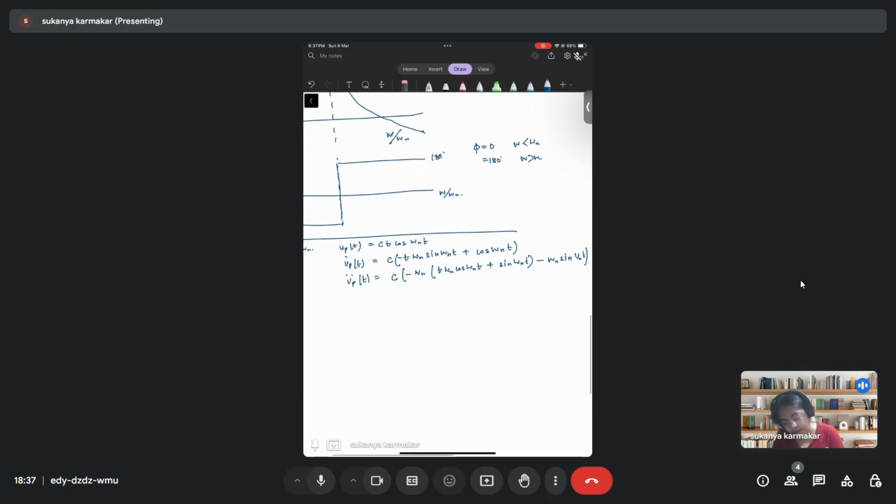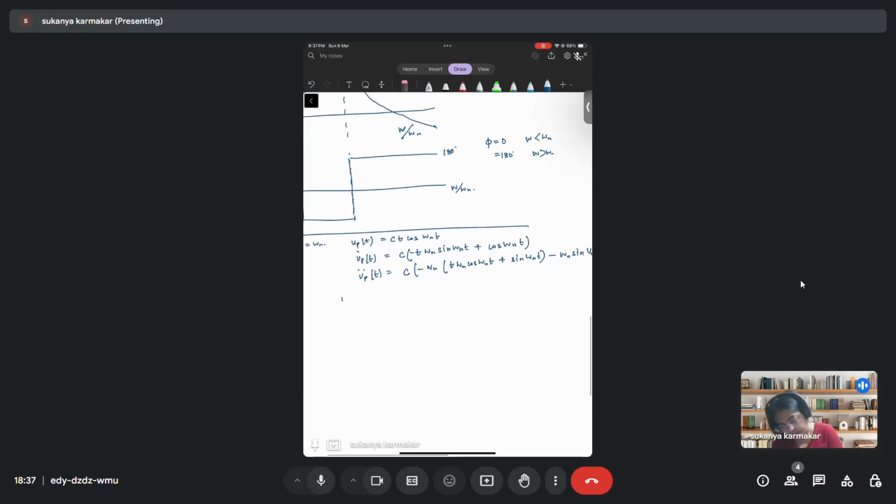Now substitute it back into the equation, m u double dot plus k u is equal to p naught sine of omega n t.